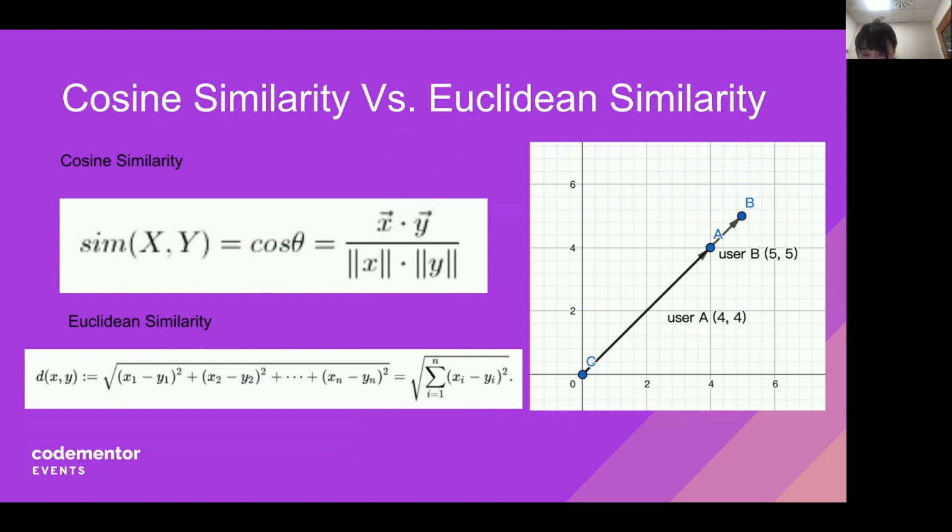Thus, Euclidean similarity is more strict than cosine similarity. For a complete match, Euclidean similarity requires users to have the same taste of movies and also the same level of liking for every single movie.